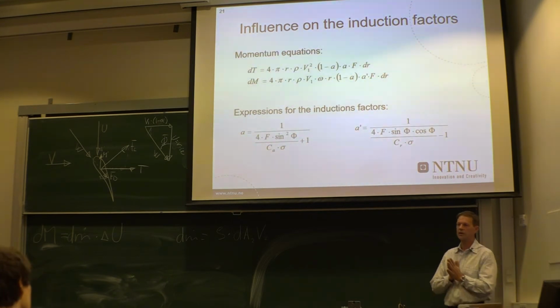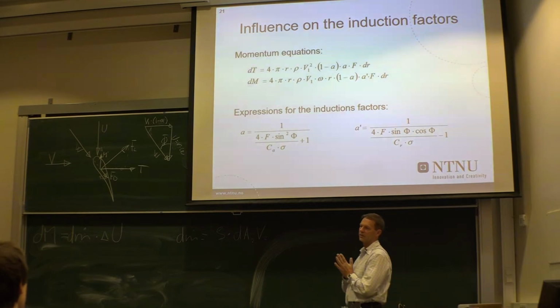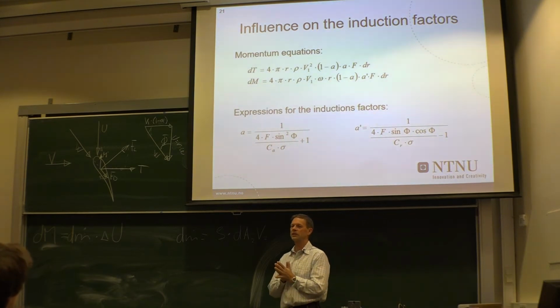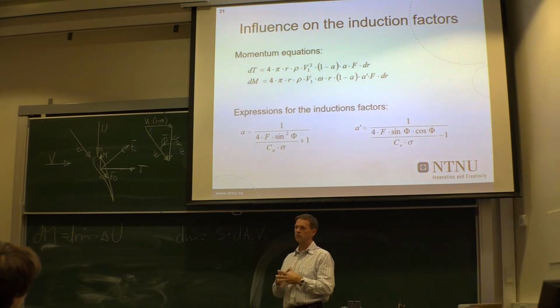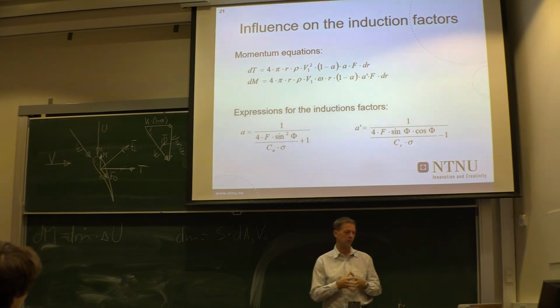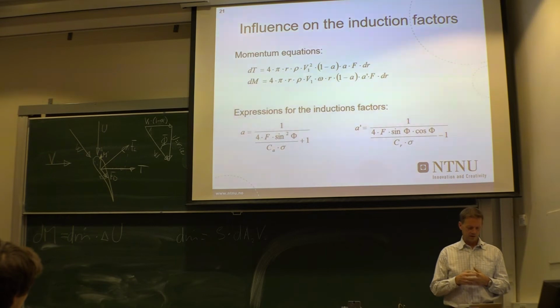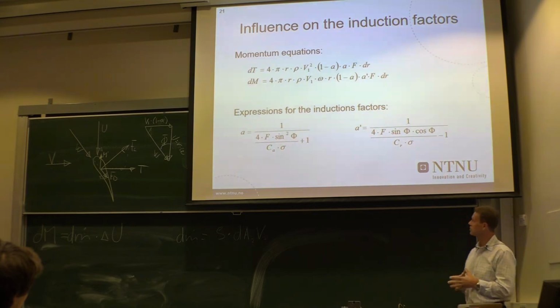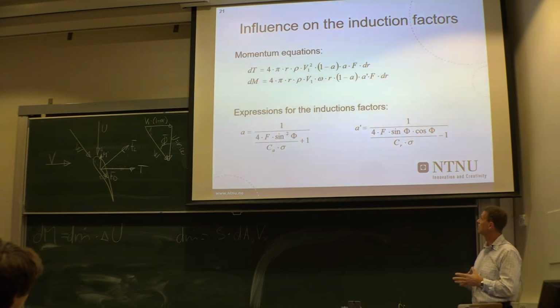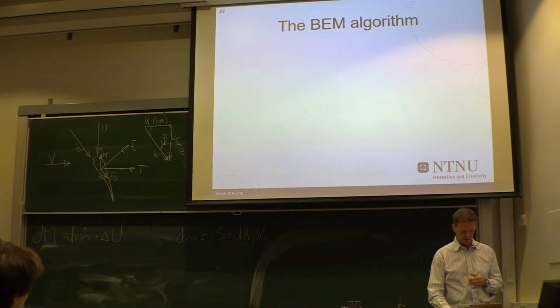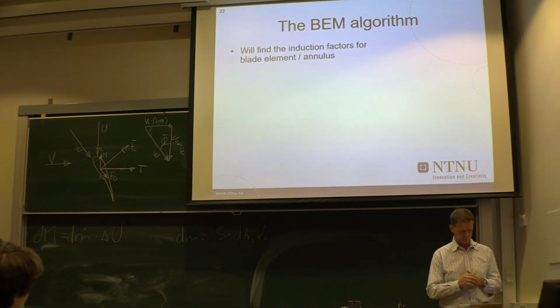Let's start with the algorithm itself, the way you're going to design or program your system. You need to have a way of thinking first. First we have the momentum equations, and we have the expressions for the induction factors.